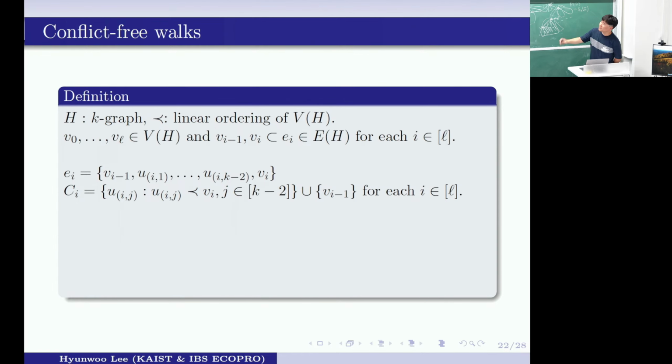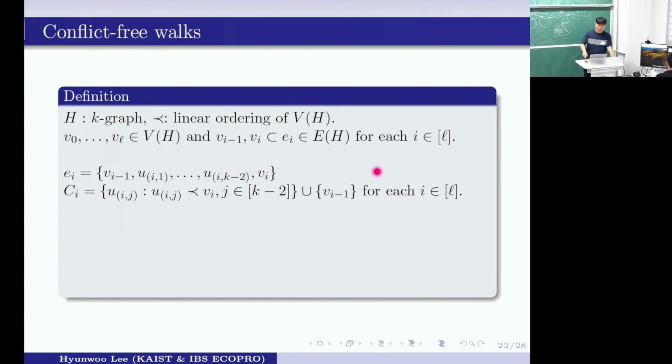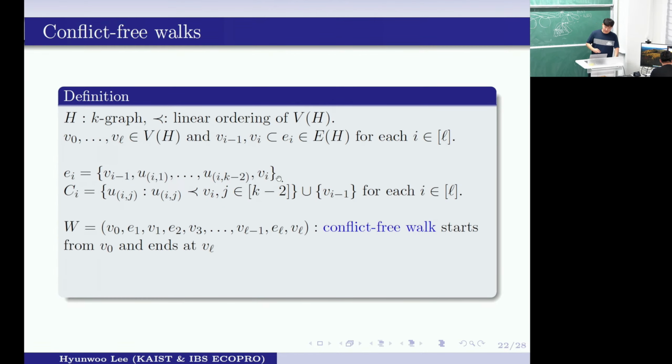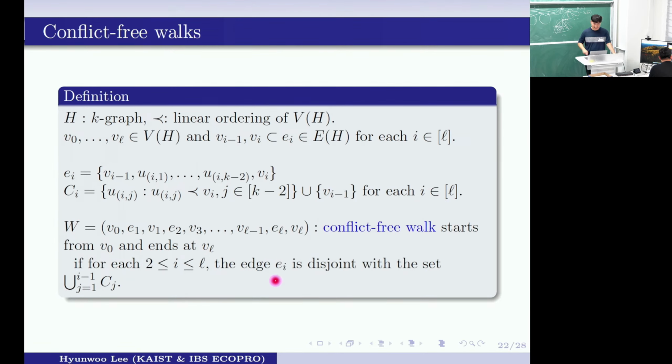We now define a complete set C_i, which is the union of the previous vertex V_{i-1} and these middle vertices U_{i,j}, together with all the vertices smaller than V_i according to this linear ordering. Now we define a complete-free walk starting at V_0 and ending at V_L, where for each i, the set E_i is disjoint from the union of all the previous complete sets. Don't worry, I will provide an example later.